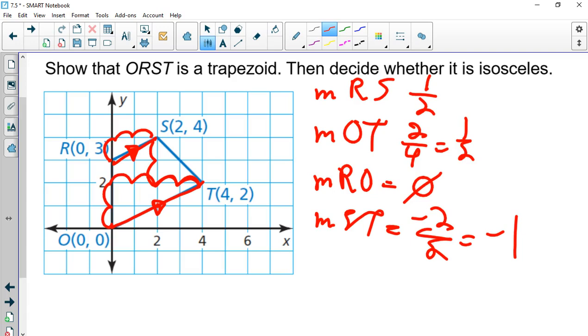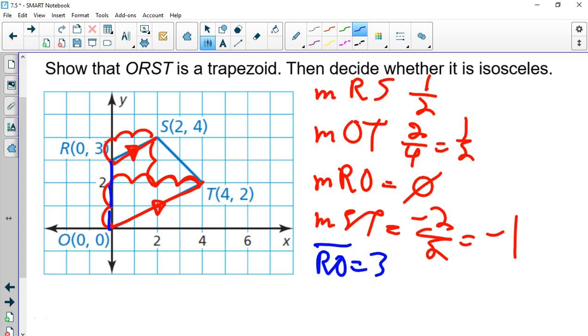Now, to determine if it's isosceles, we need to know the length of RO and ST. Now RO is easy because you can just count. 1, 2, 3. So the measurement of RO equals 3.